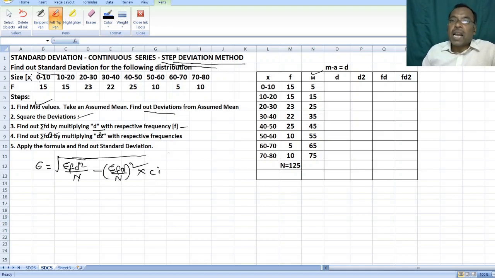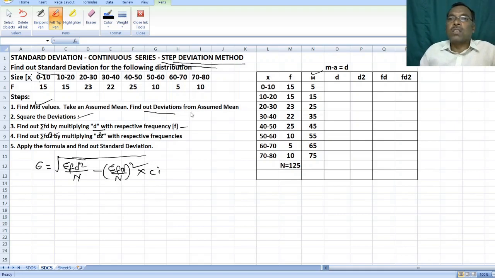Ci stands for class interval, the difference between upper and lower levels. This is the formula to find continuous series standard deviation through the step deviation method.